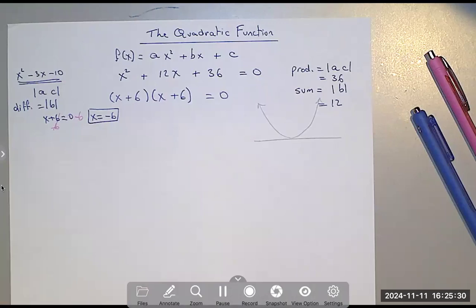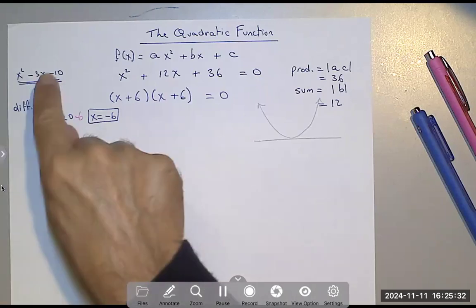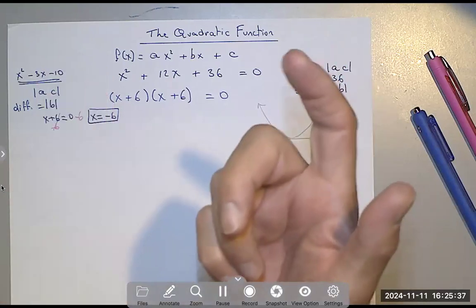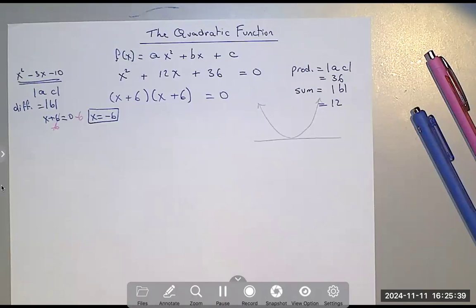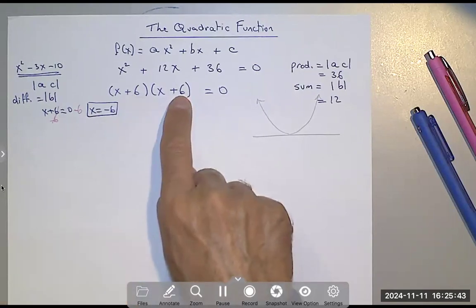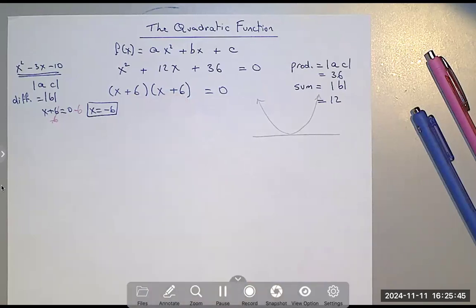So in the previous example, when we had x minus 5 times x plus 2, each factor appears once. So the multiplicity was 1 for each. But here I have x plus 6 and another x plus 6. So the multiplicity is 2. If the multiplicity is even, the graph never crosses the x-axis at that point.